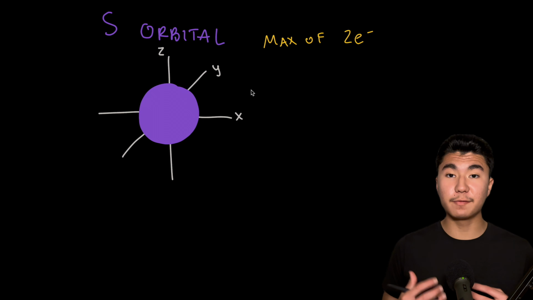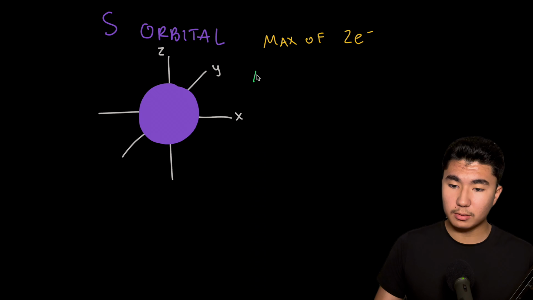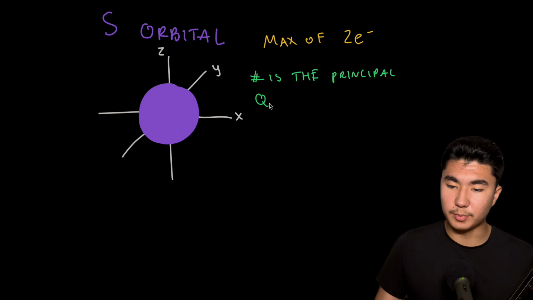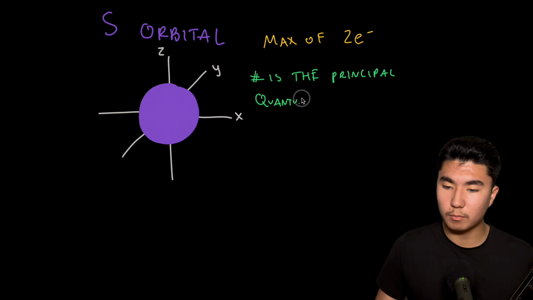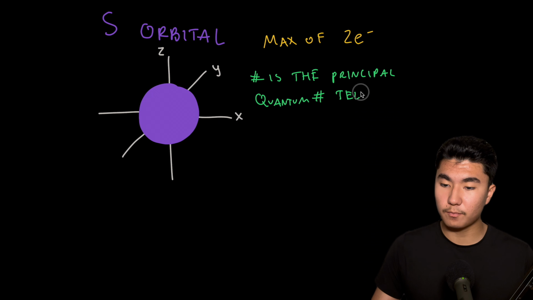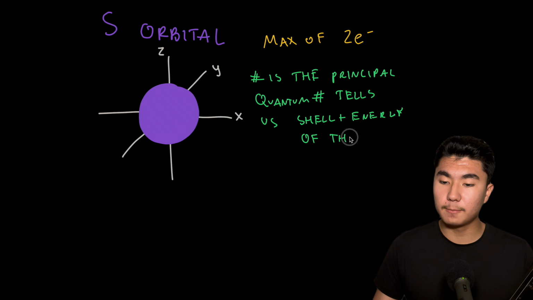And that number before the S, like 1s or 2s, is the principal quantum number. And the principal quantum number tells us the shell and energy of the orbital.